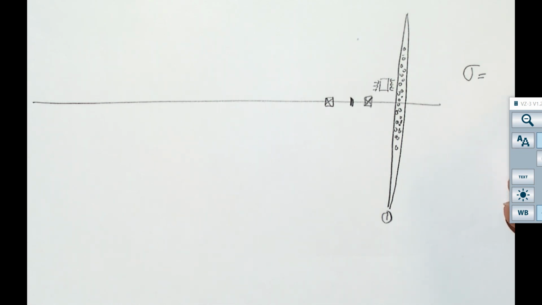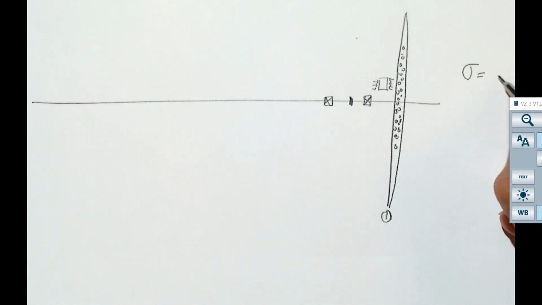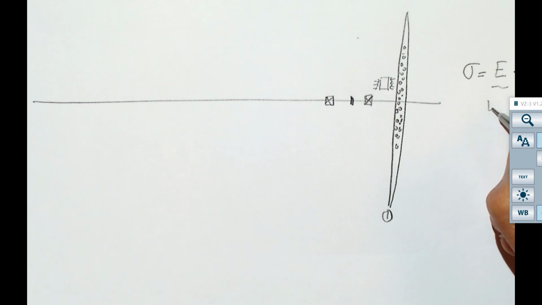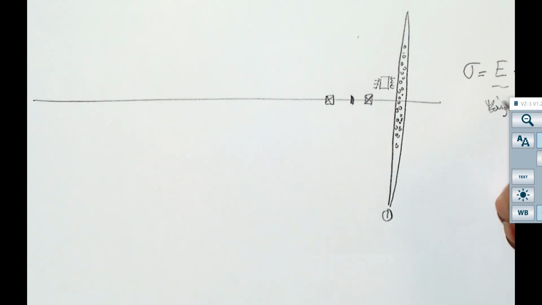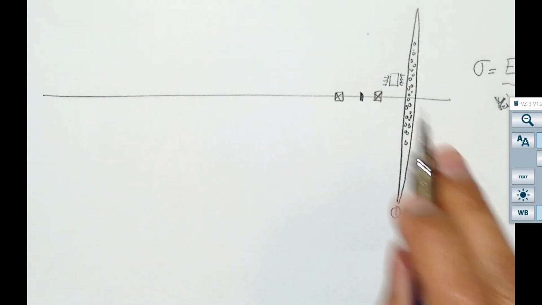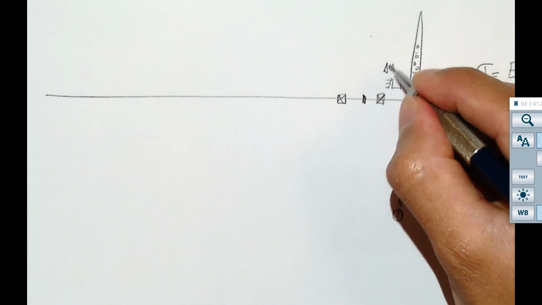Effective stress. This is exactly what we did before. It's stiffness times strain. This is the width of the fracture. This is the Young modulus of the rock. So the stiffer the rock, the bigger is going to be this additional stress in here.